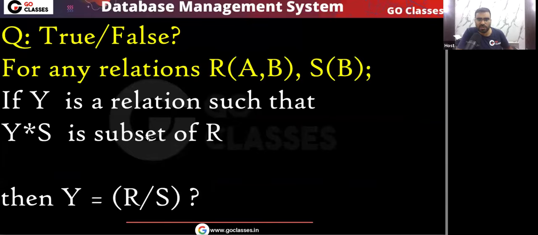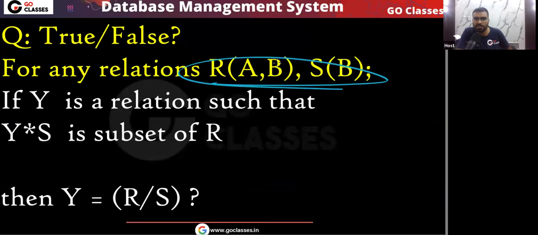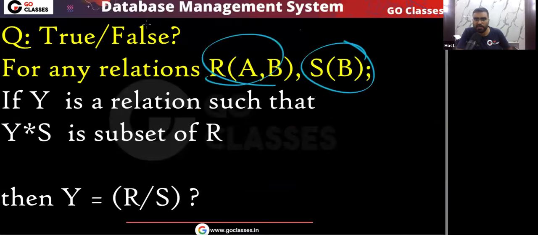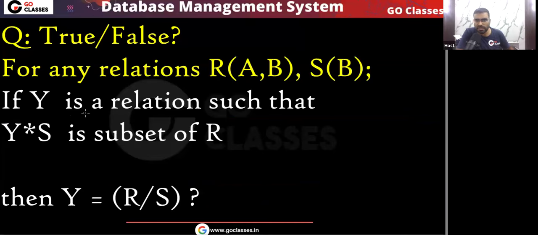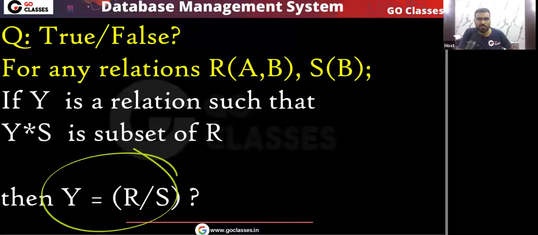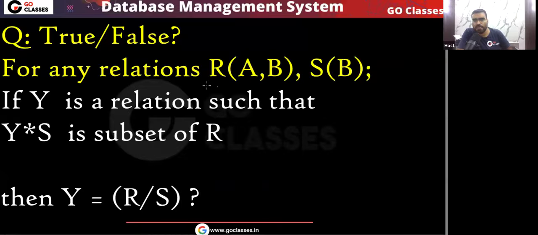Now you tell me the answer for this question. R is AB, S is B. Y is a relation such that Y cross S is a subset of R. Can I say Y is division? Did you understand? Now can I say Y is R divided by S?